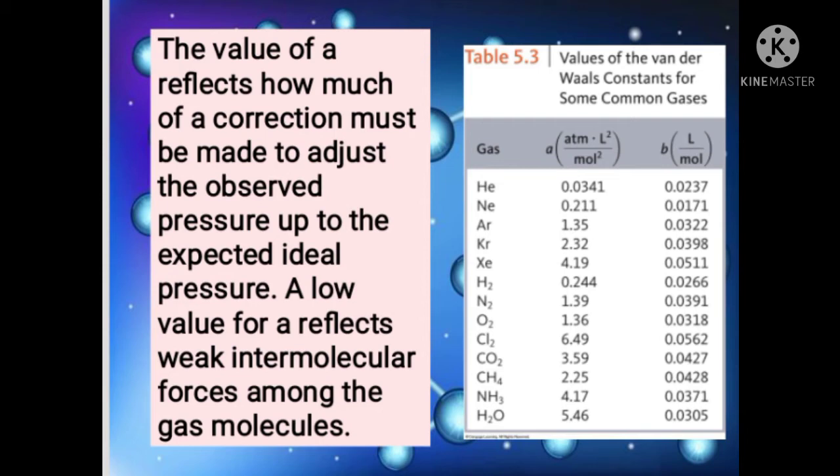And the b we have here, in liters squared per mole squared: 0.0237, 0.0171, 0.0322, 0.0398, 0.0511, 0.0266, 0.0391.